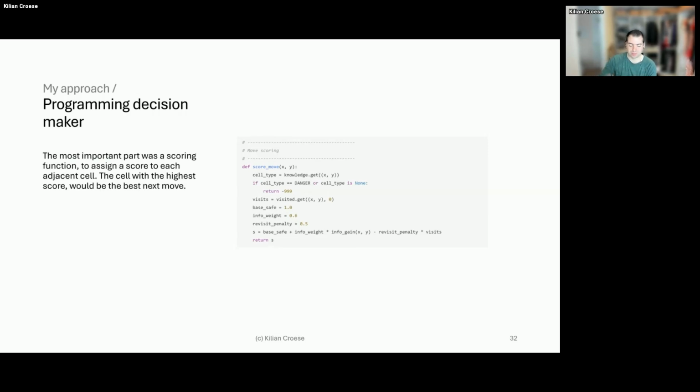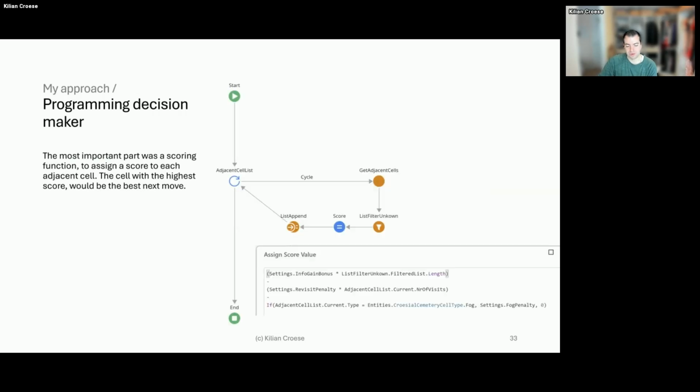So it came with some Python examples, and that was quite easy to convert into OutSystems. And here you see, I think, the actual implementation I've used. It wasn't perfect. I was still tweaking it, but I ran out of time with the challenge. So I think I've mostly favored the information gain part.